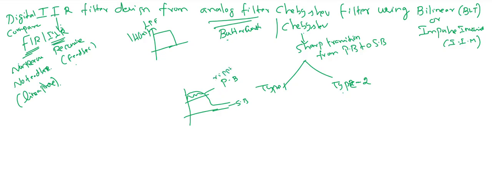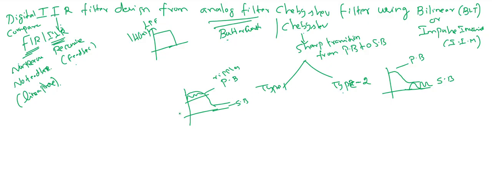These are monotonic characteristics in the stop band. If you see type 2, there are equi-ripples in the stop band and monotonic behavior in the pass band. So these are type 1 and type 2 filters.